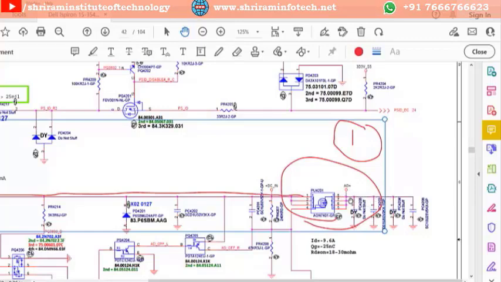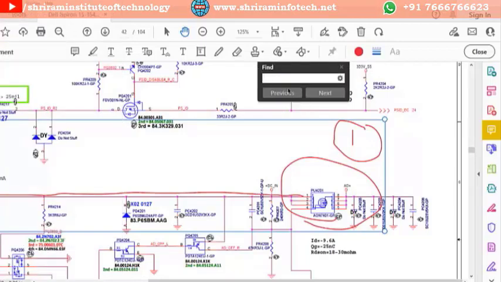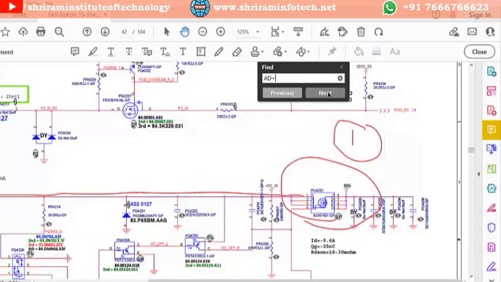Now where will this output go? For that, we have to go here, find, and type AD plus, right? And then you have to search. Then that particular AD plus point will show you where they are connected and which page they are going to. So we'll click on the next.